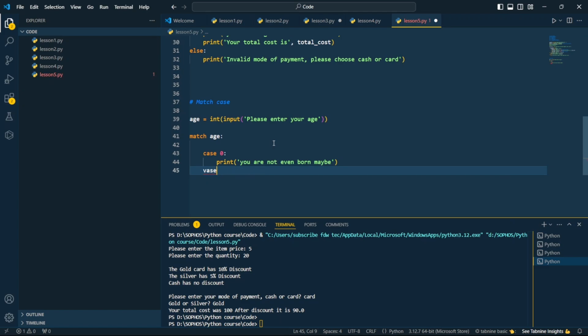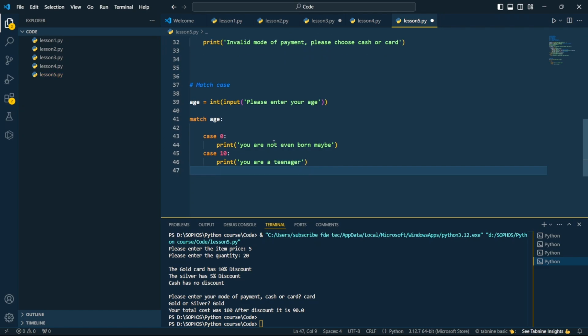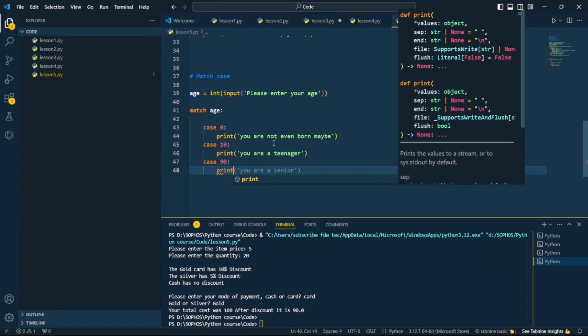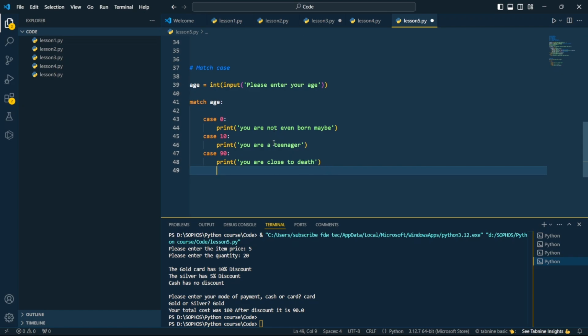What if the other case I have is 10? Now I would print you are a teenager. Then I have case, let's say 90, colon, I am going to print you are close to death. You should not say these things, but you understand.